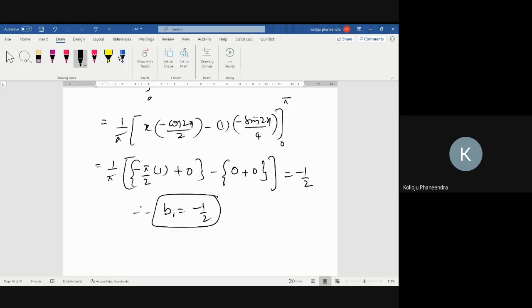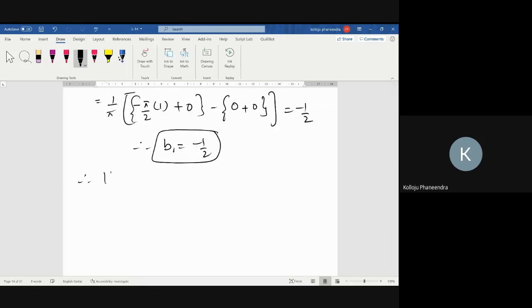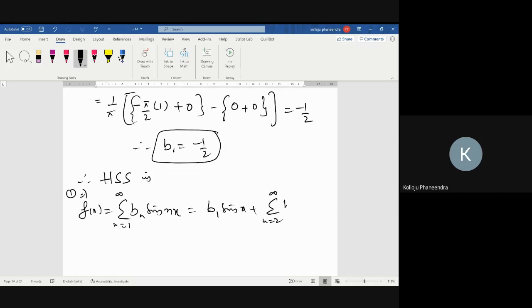Minus 1 by 2. Finally, therefore, half range sine series is f of x equal to, separate b1. What is actually sigma bn sine nx, equation 1, n equal to 1 to infinity. So let me separate b1 sine x plus summation n equal to 2 to infinity bn sine nx.